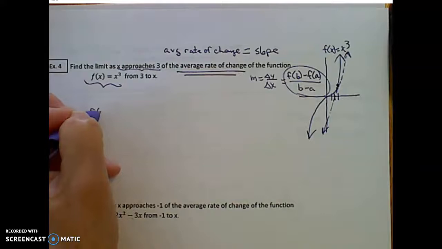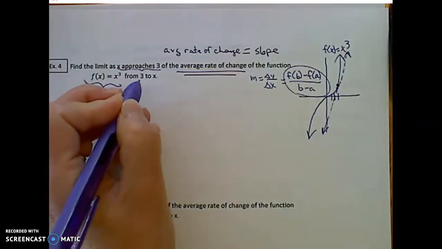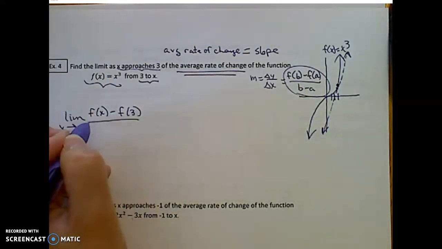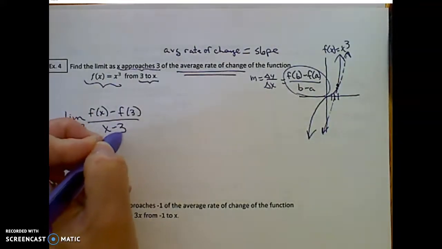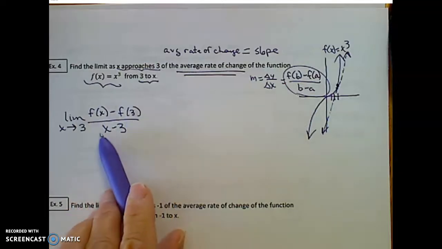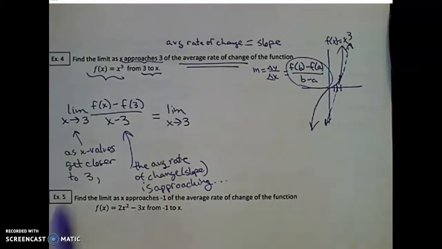In this case, it's going to be f of x minus f of 3 as my x values get closer to 3. As x values get closer to 3, what does my slope become? Okay, so I think of things this way.